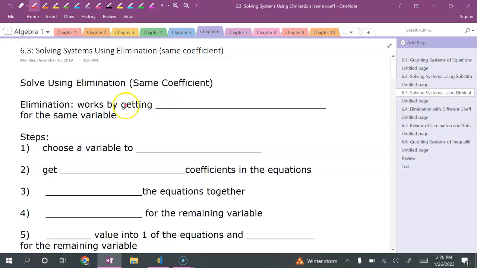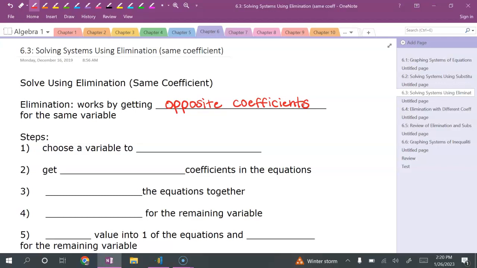So we want to be able to get opposite coefficients in order for us to easily eliminate the variable. So what that is going to look like is you're going to have two equations like we've seen in previous sections.